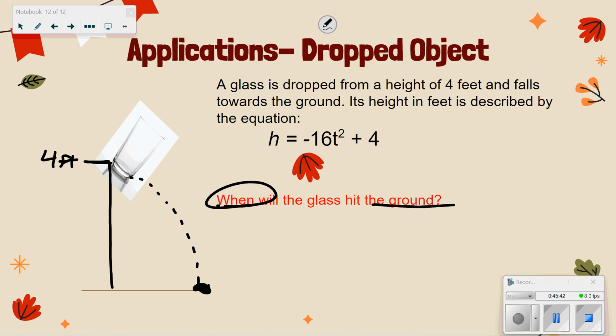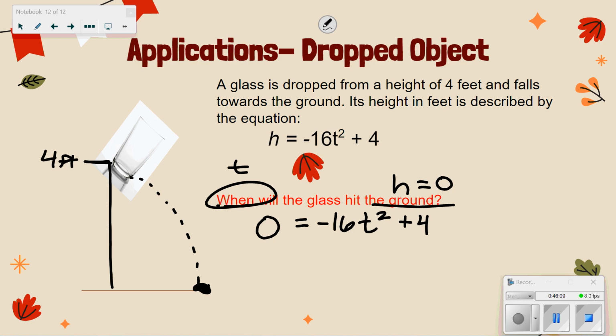Yes, good. So height is 0 when you're talking about the ground. And if I'm solving for when, that means I'm solving for what variable? T. So let's replace h with the value we know, which is the ground, 0. And now I'm solving my good old friend, this quadratic equation.